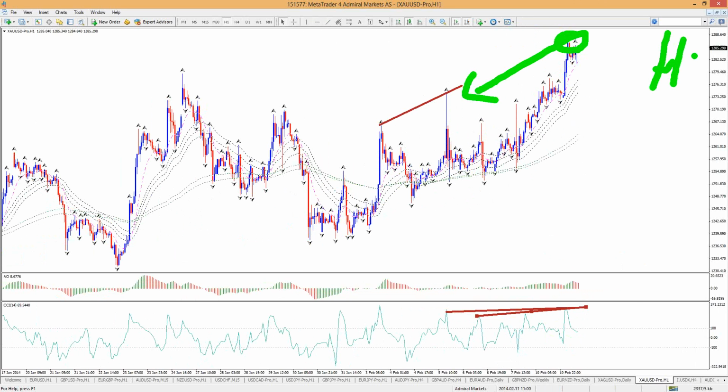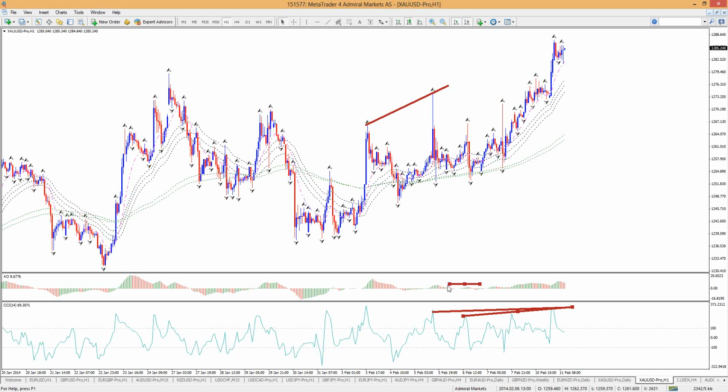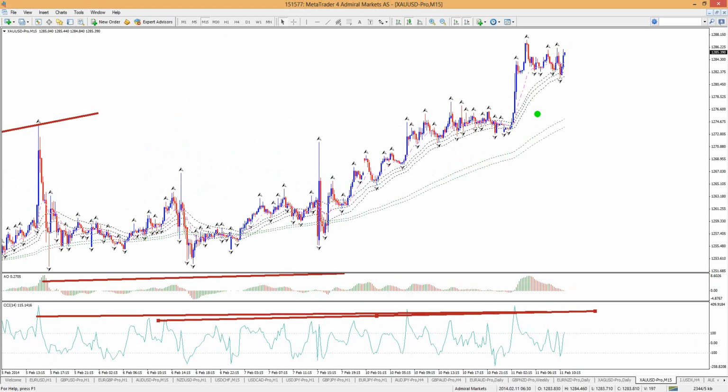So we are having higher highs on price and also higher highs on the oscillator. That looks trending to me. So no, I don't see it on the hourly either. But especially the 15, I don't see it either. So I think it's a pretty decent probability that it will move up.